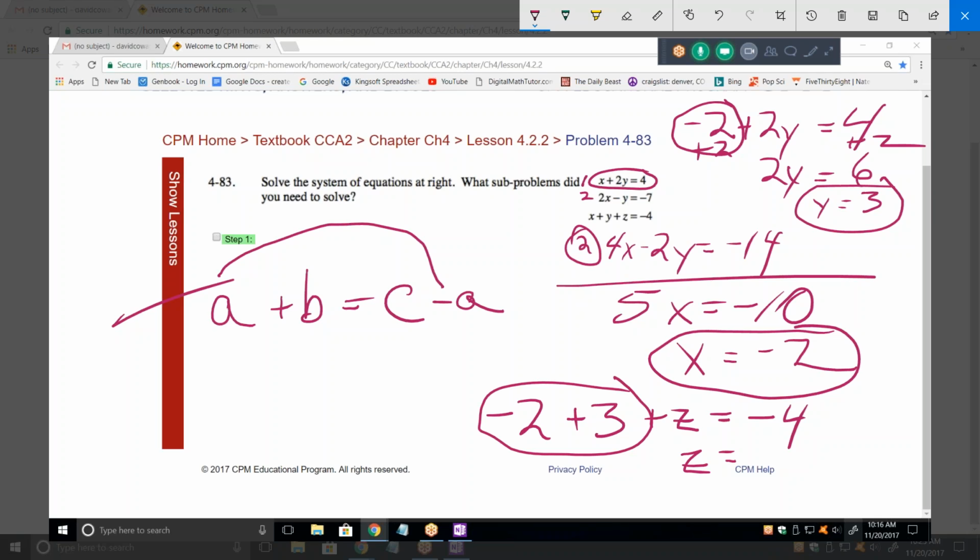What are those two combined? Plus 1. Yep. Now, how do I get that 1 to the other side? You subtract it. So what's the other side become? So it'd be z equals -5. You got it. And there you have all 3 solutions.